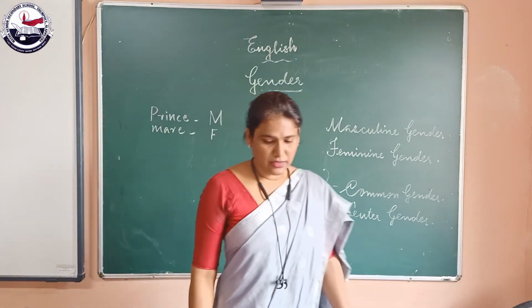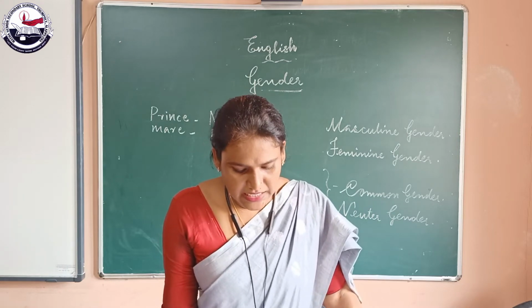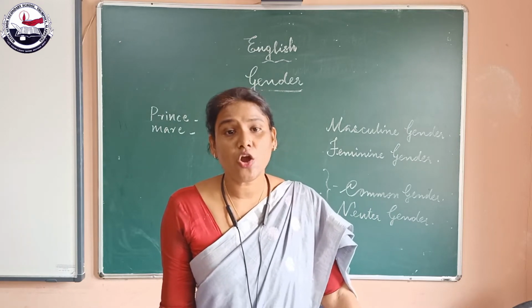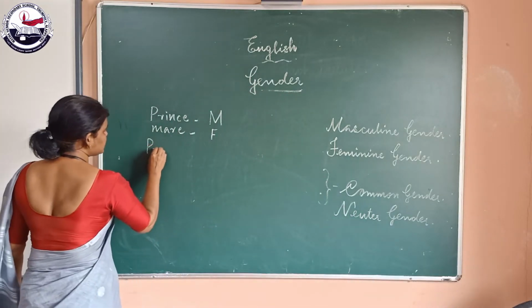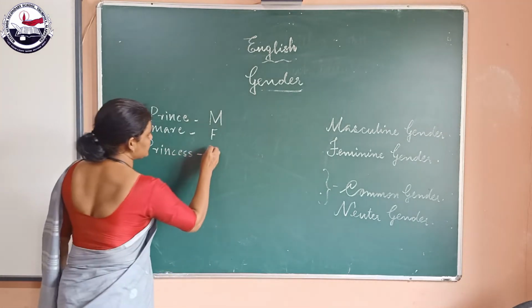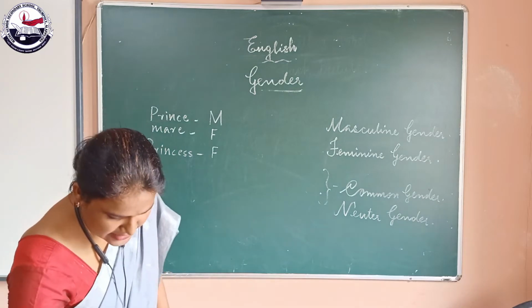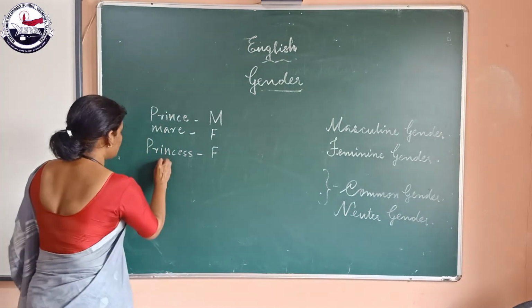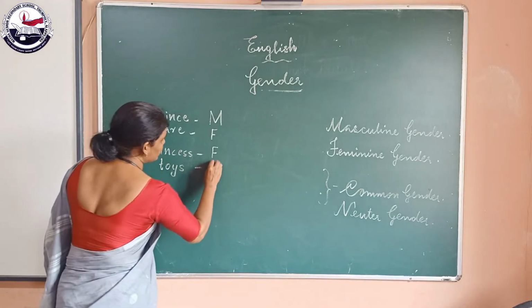Third sentence, the princess played with her toys. Princess denotes female, so we can say it is feminine gender. And next is toys, T-O-Y-S. Toys is a non-living thing, so we can say it is neuter gender.